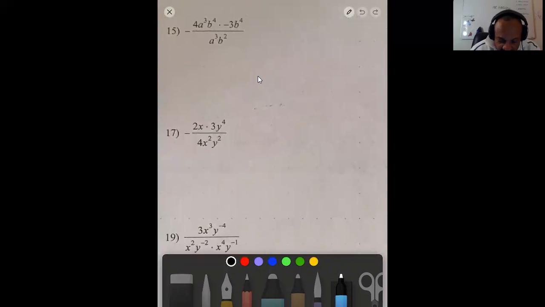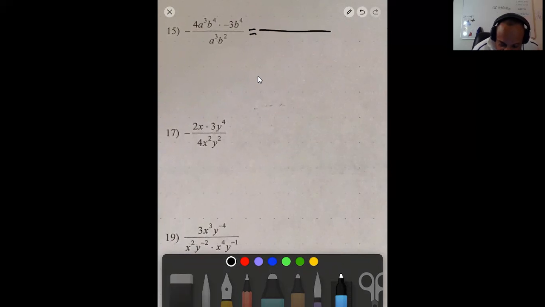All right, so what we have here is a negative 4a cubed b to the 4th times a negative 3b to the 4th divided by a to the third power b squared. Again, we've got a bunch of numbers, and I'm going to pull those out.